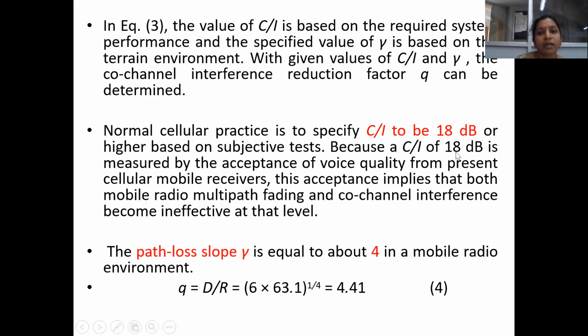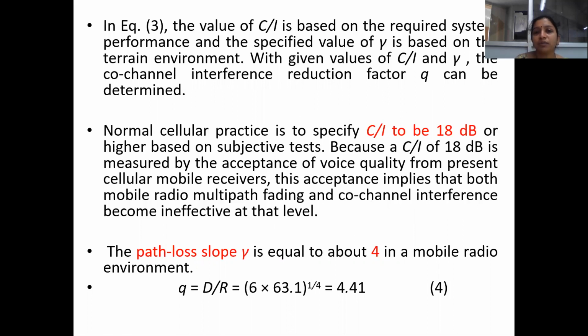A C by I of 18 dB is measured by the acceptance of voice quality from present cellular mobile receivers. This acceptance implies that both mobile radio multipath fading and co-channel interference become ineffective at that level. After a number of surveys, they fixed the acceptable carrier to interference ratio at 18 dB or more.